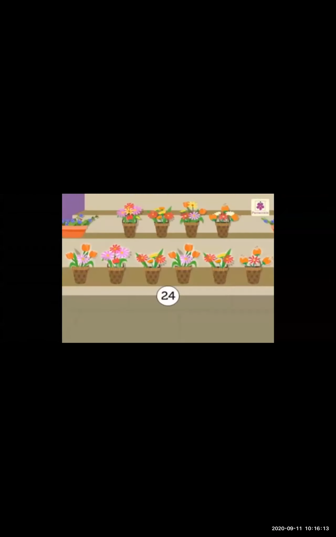So, how many flowers are there altogether? 6 into 4 is equal to 24. There too are 24 flowers in all. So we see that 4 into 6 is equal to 24 and 6 into 4 is also equal to 24.